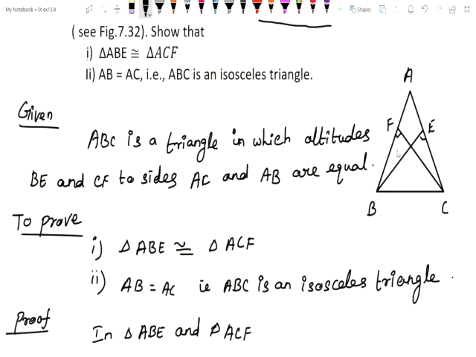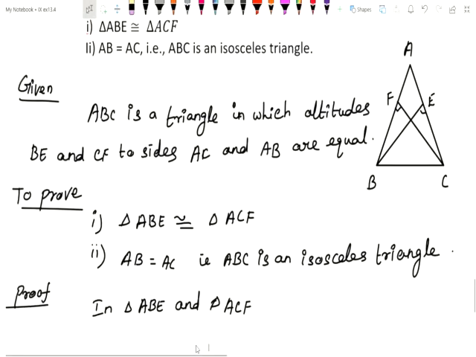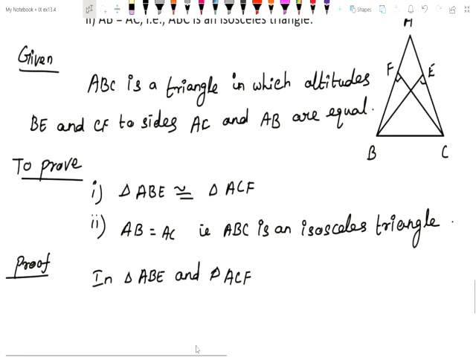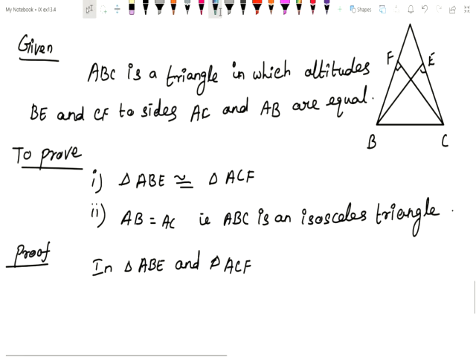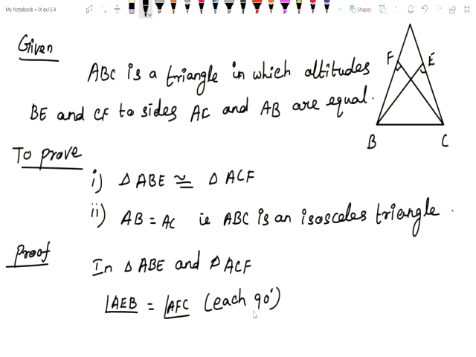In this triangle, angle AEB equal to angle AFC, because each is 90 degrees.